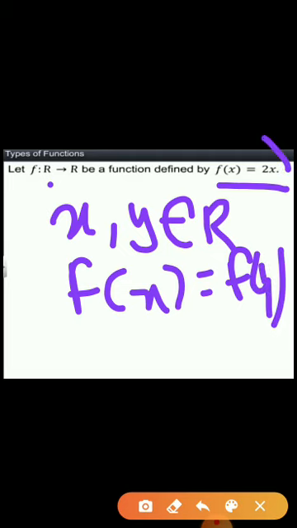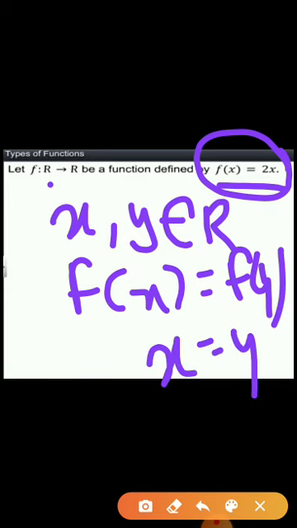Apply the definition and then check whether you are getting x is equal to y or not. If at the last you get x equal to y, we can say that the given function is a 1-1 function. This is the usual step we follow to prove a function is 1-1.